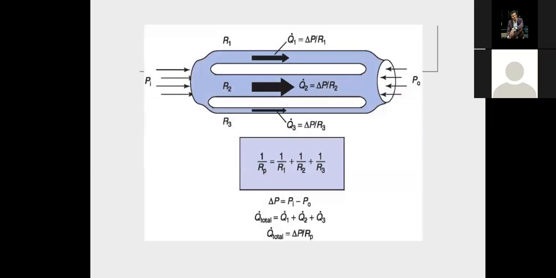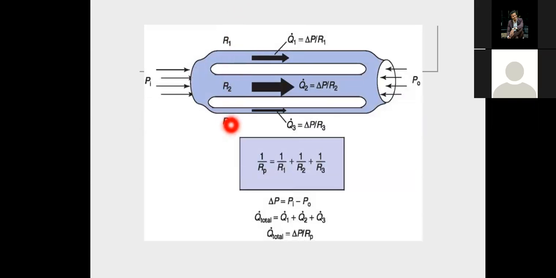You can see that we have a system having three segments, and each one has its own resistance. They are referred to as R1, R2, and R3.